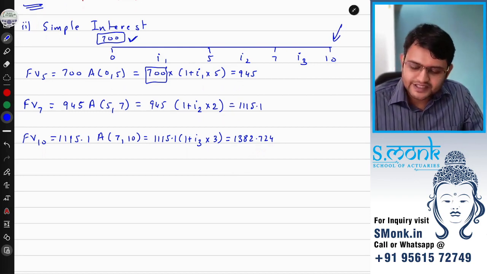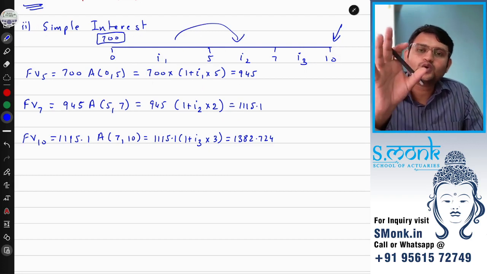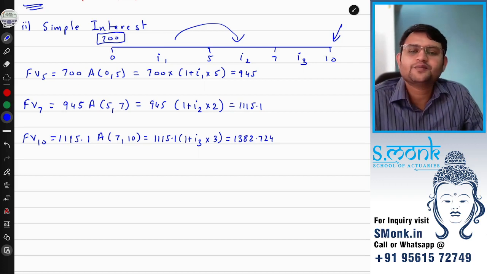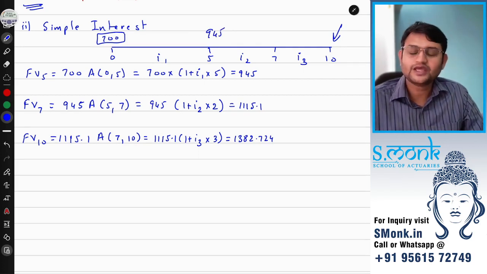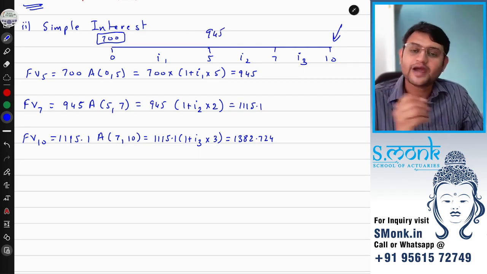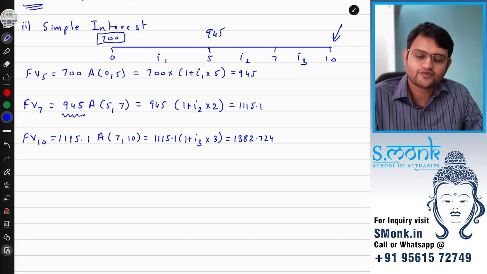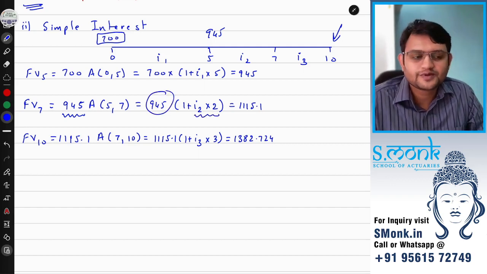If the interest rate is changing, like here from i1 to i2, we are assuming that I took my money out from bank 1 and placed it in bank 2. Bank 1 gave me 945, so I invested 945 in bank 2. That is why I'm starting with 945, and these 2 years of interest I am getting on 945. That becomes my principal amount.